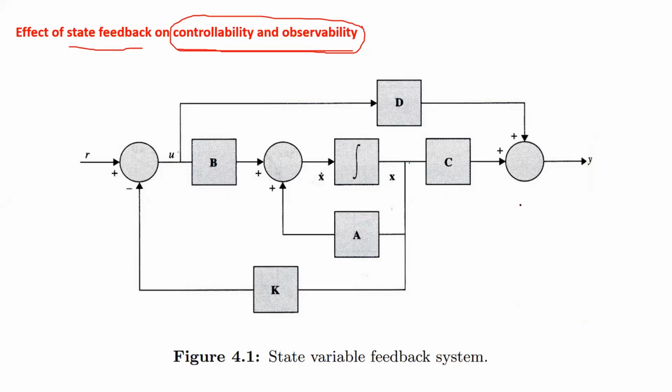If the poles are located on the right side, now if we connect feedback k with an appropriate value of gain constant k, the system poles can be shifted from the right side to the left side. That is the main important point regarding state feedback. With state feedback, we can change the stability of the system, and also modify the controllability and observability of the system. That is what I am going to say in the next class.